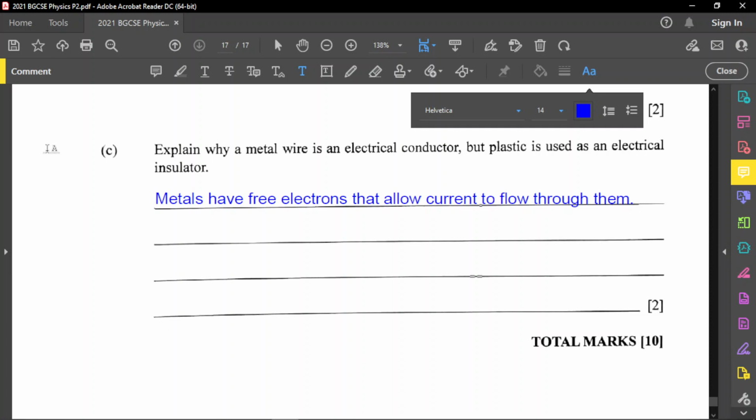However, plastic does not have free electrons.